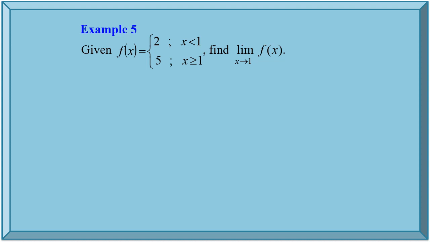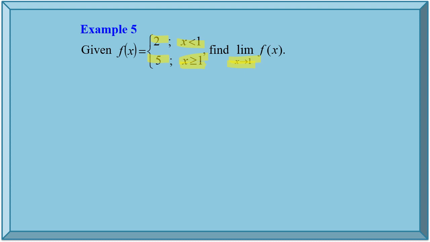Okay, so let's see example 5. Given f(x) equal to 2 when x is less than 1 and 5 when x is more than or equal to 1, find the limit of f(x) as x approaches 1. Actually we can directly substitute, right?